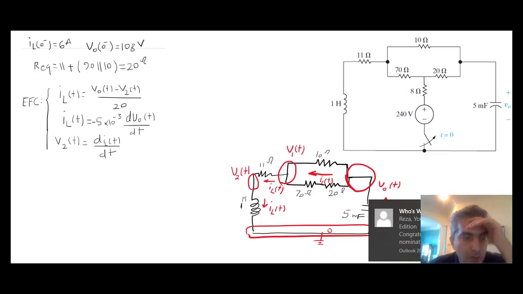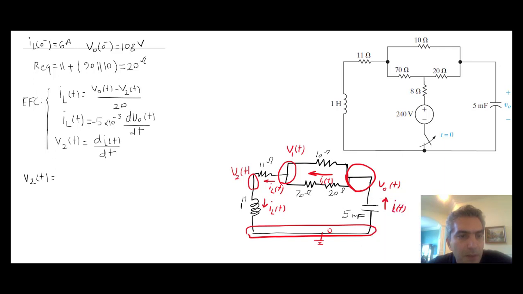So V2t is equal to the derivative of this function basically, which would be minus 5 10 to the minus 3 d2 V out t with respect to dt.